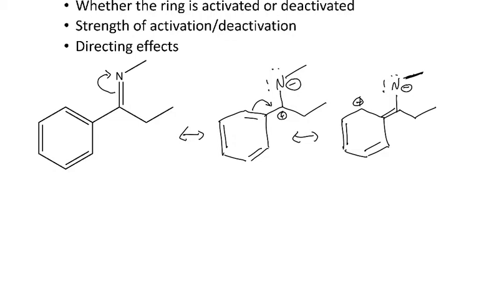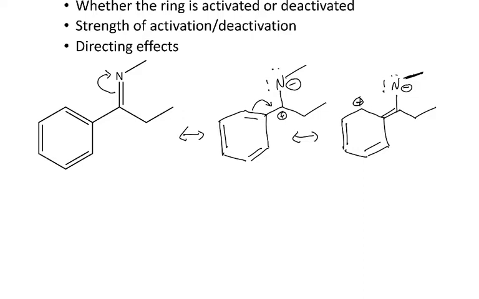In the interest of time, I'm not going to draw them, but then I can also move the positive charge here and then here. And so I'm going to have three different resonance structures of my starting compound where I have a positive charge introduced to the aromatic ring. So this is an electron withdrawing group, which means it's going to be deactivating.